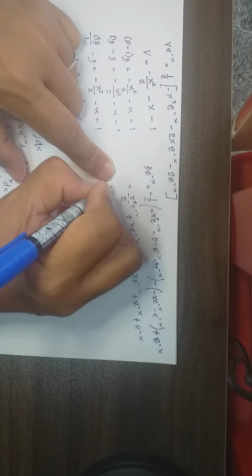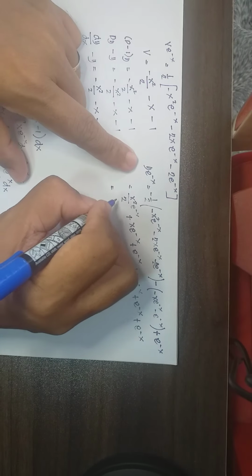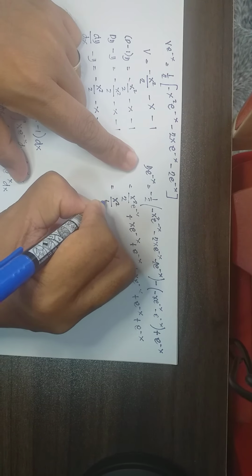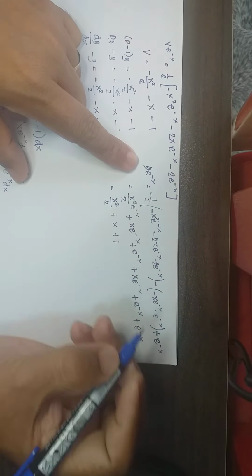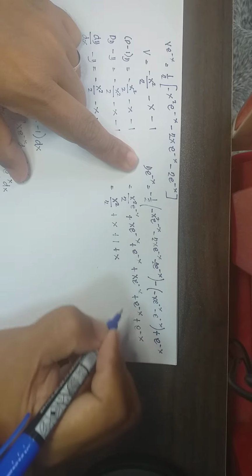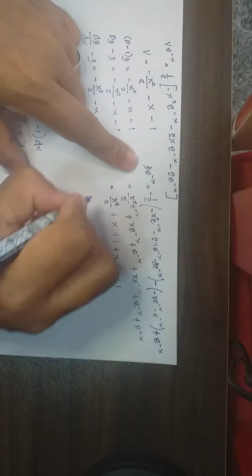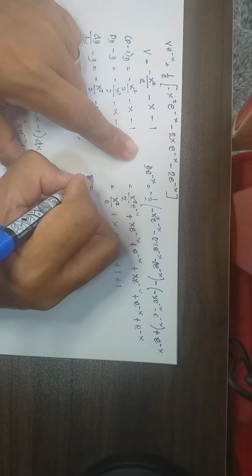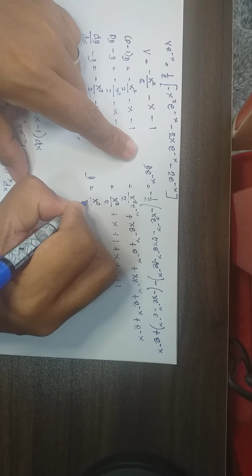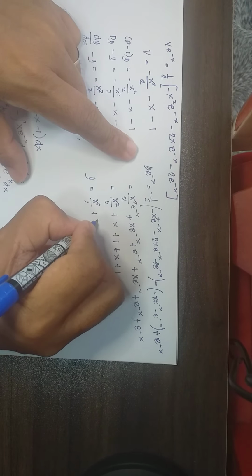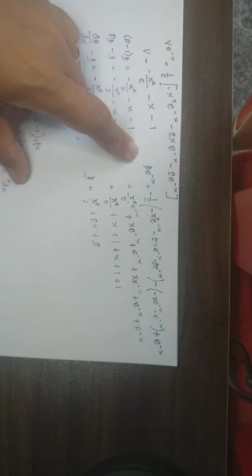Okay? Simplifying this, or dividing everything by e to the negative x, we have x squared over 2 plus x plus 1 plus x plus 1 plus 1. Or this becomes y is equal to x squared over 2 plus 2x plus 3.